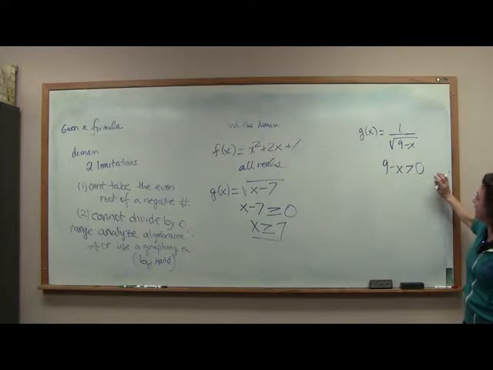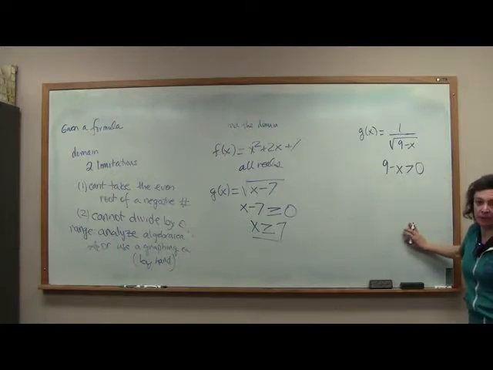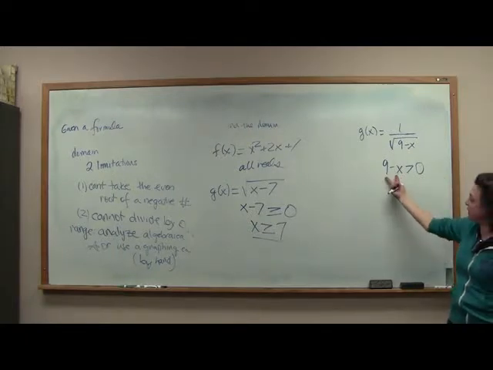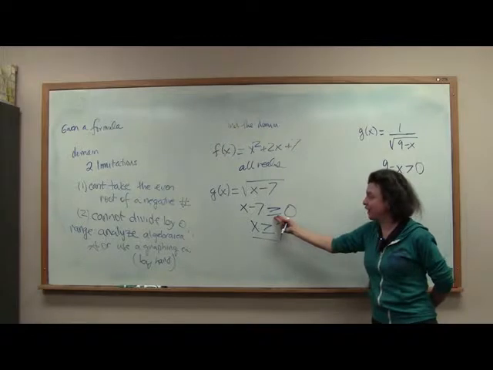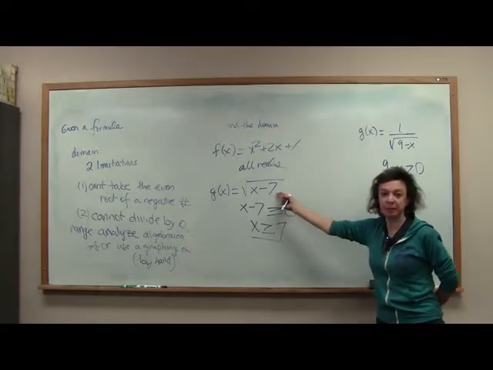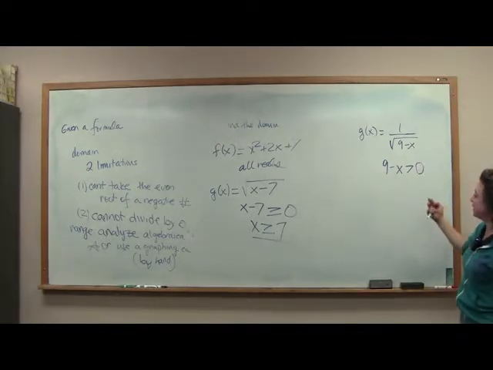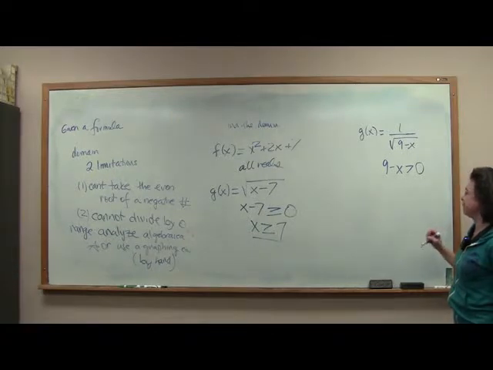The reason why is because it's in your denominator. So what you do is you take whatever's under your radical and say, oh, it's got to be positive. Okay, again, the difference here is I could have it equal to 0 because this was up in my numerator, but now that it's in my denominator, I cannot.